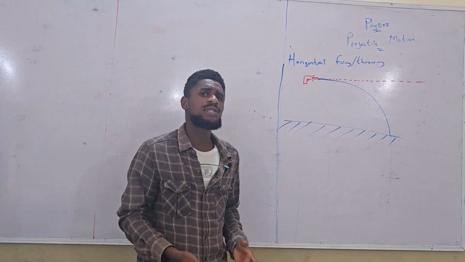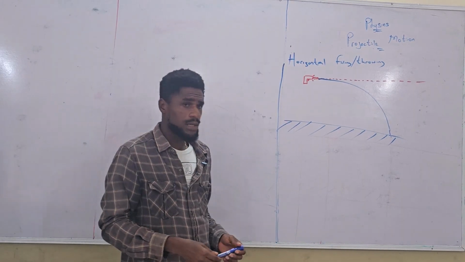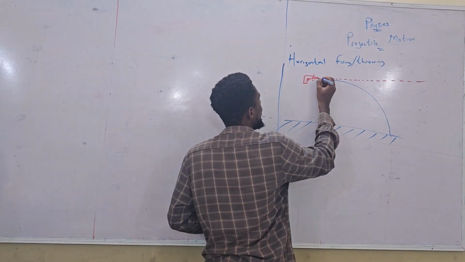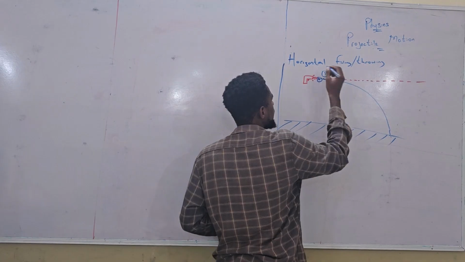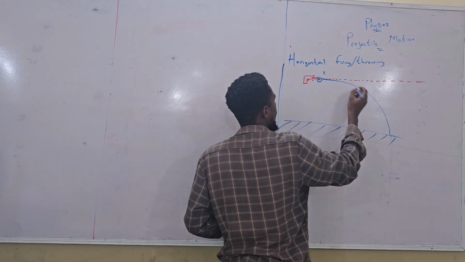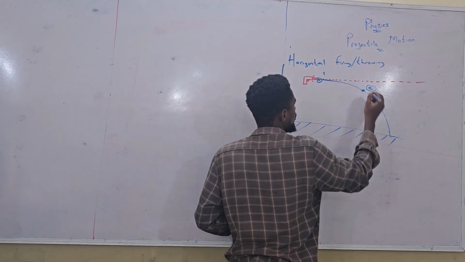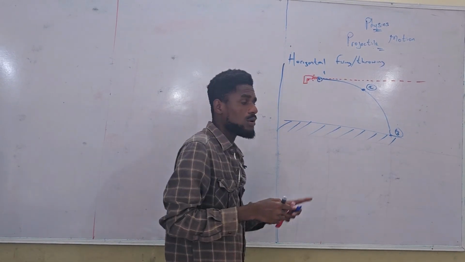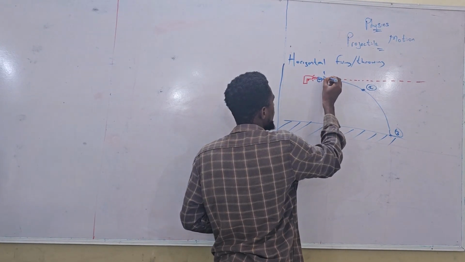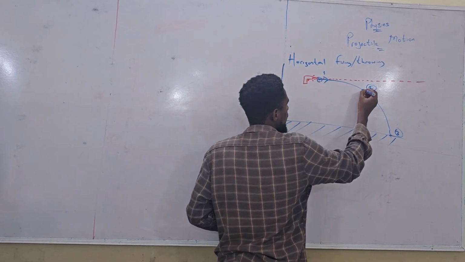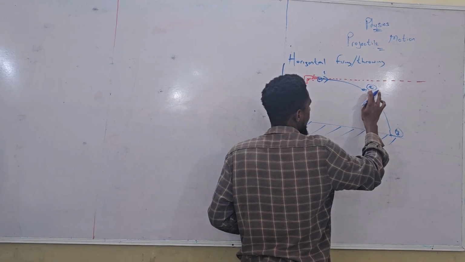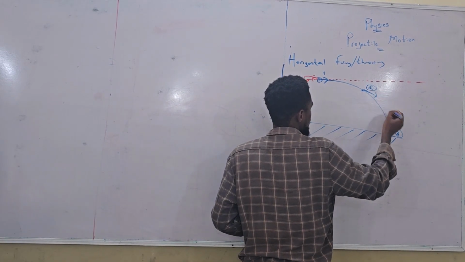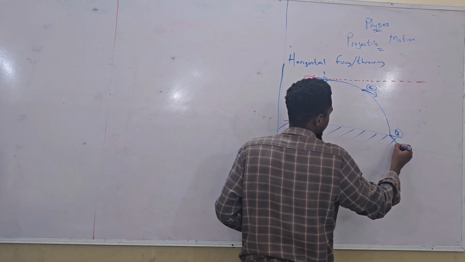Now, what can we say? Let me call this point 1, this point 2, and this point 3. The velocity vector at each point is tangential to the path. Here I have it moving like this, here like this, and here like this.